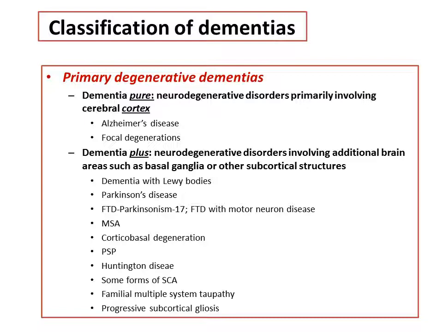Dementia plus is where the neurodegenerative disorders involve additional brain areas such as the basal ganglia or other subcortical structures, like dementia with Lewy bodies, Parkinson's disease, frontotemporal dementia, Parkinsonism, multisystem atrophy, corticobasal degeneration, progressive supranuclear palsy, Huntington's disease, and some forms of spinocerebellar ataxia, etc.